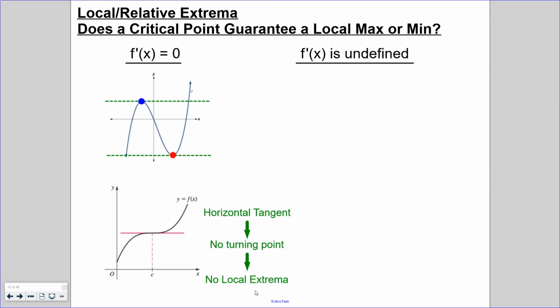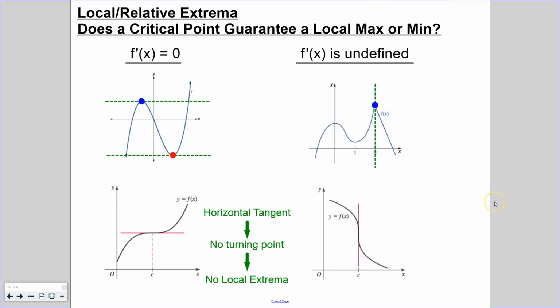And similarly, just because the derivative is undefined doesn't guarantee we're going to have a local max or min. Again, the one that we looked at was when we have a corner or a cusp and there's a vertical tangent line. Boom, max or min. But we also know that we can have the slope being so steep that it creates a vertical tangent line.